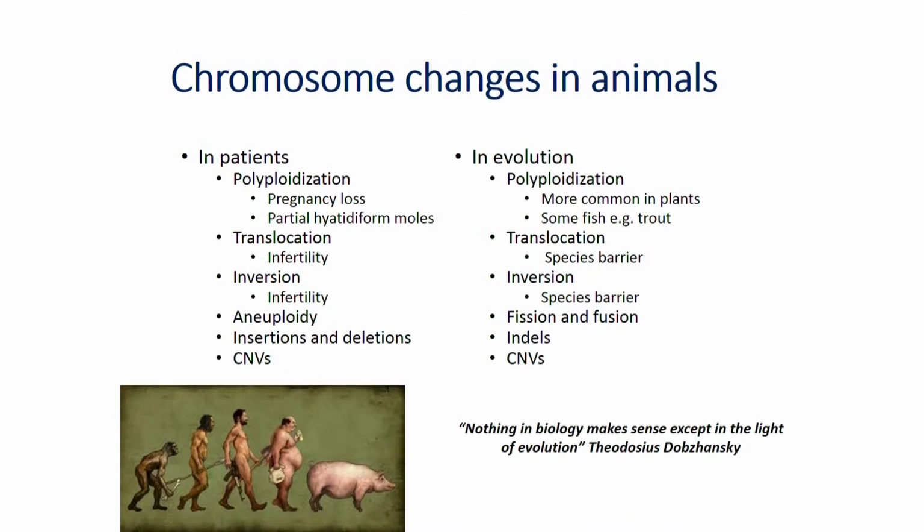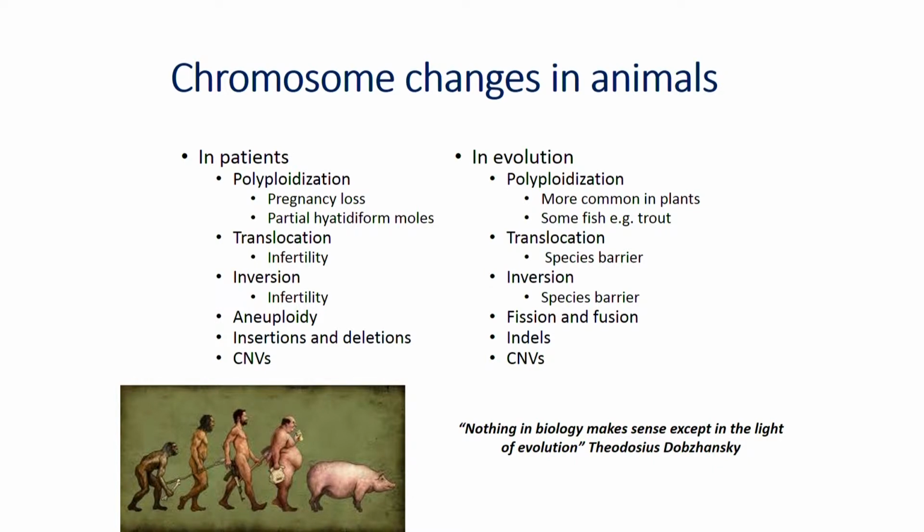Sometimes in evolution, some parallels appear pretty quickly. There's an awful lot of things that you study in patients that has direct relevance for evolutionary studies as well. So polyploidy arises as a result of dispermic embryos, we know that. Translocations can cause infertility in an individual, but they can also cause a reproductive barrier, such that the hybrids are pretty much the same as someone who would have a heterozygous translocation.